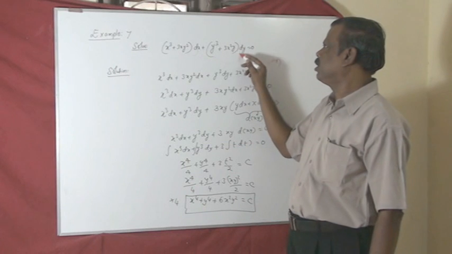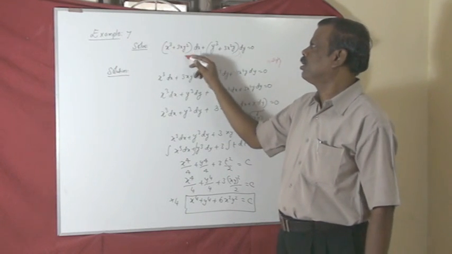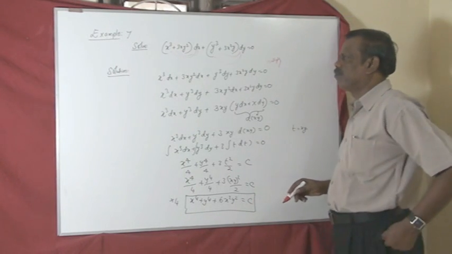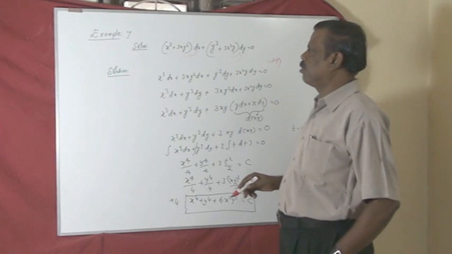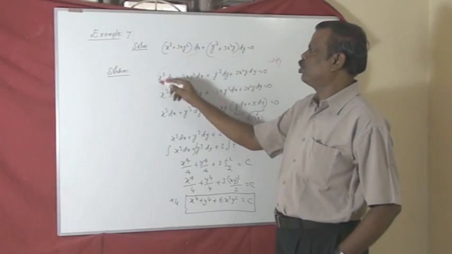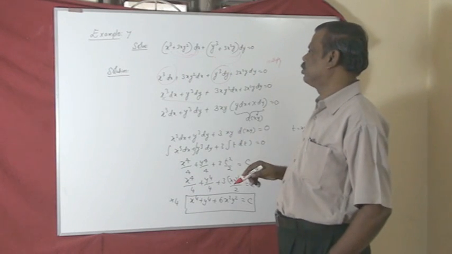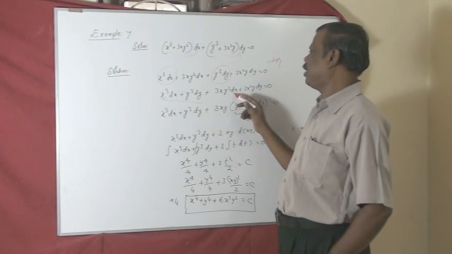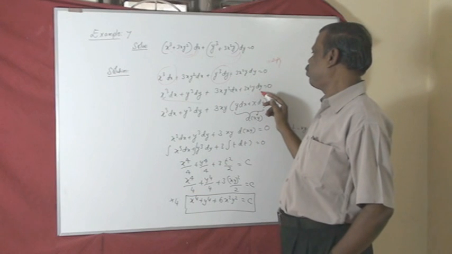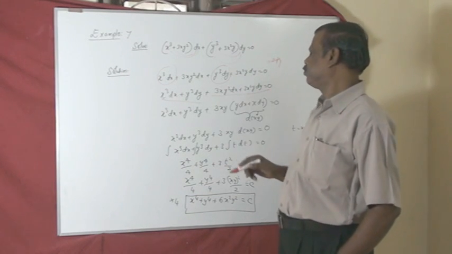So here we are multiplying this dx and dy in these terms. Now after multiplying this, we can see that x cube dx and y cube dy are separate variables, whereas 3x square y dx, 3x square y dy is not separated.